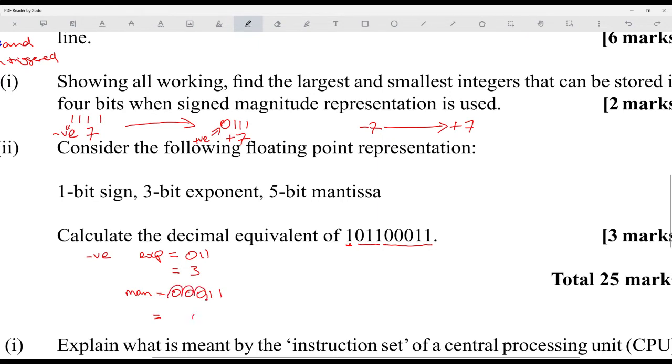So we get 0.11, which converts to, this is a half and that is a quarter. So a half plus a quarter is 3/4, so it'll be 0.75. Negative 0.75. So the answer will be negative 0.75. Clear? Alright, everybody got that.